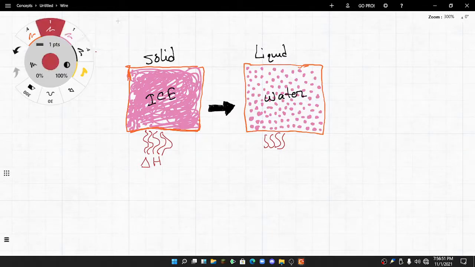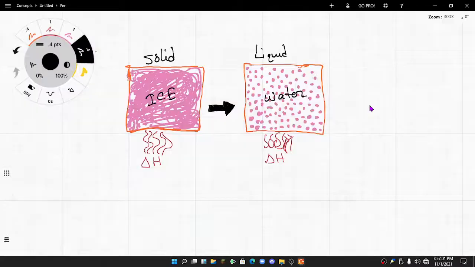The next step will also be applying heat. So we apply more heat. Then we will see at some point the particles will move more apart.